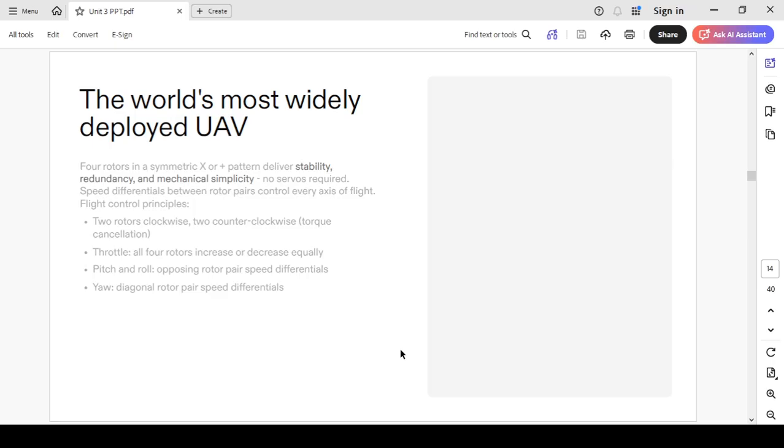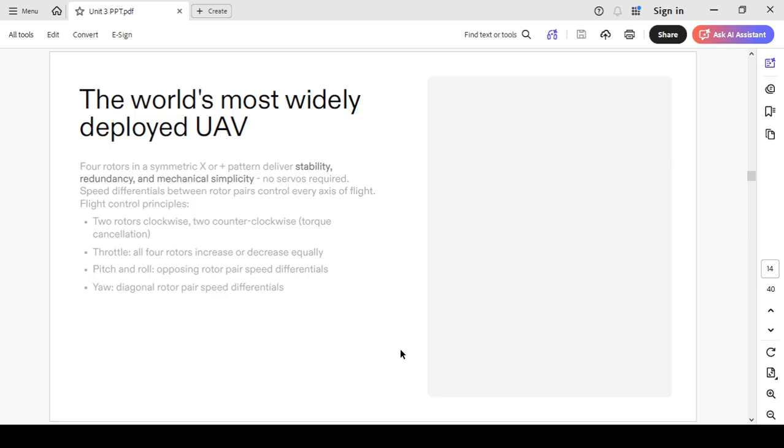When you want to throttle, all four motors are increased or decreased accordingly. Pitch, roll and yaw are all controlled using these four motors. If I want to move in the forward direction, I will reduce the speed of the front motors and increase the speed of the back motors. The drone, or UAV, gets tilted towards the front and starts moving forward.